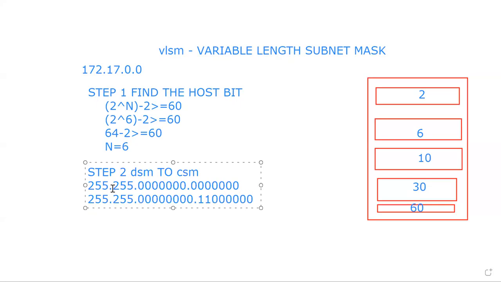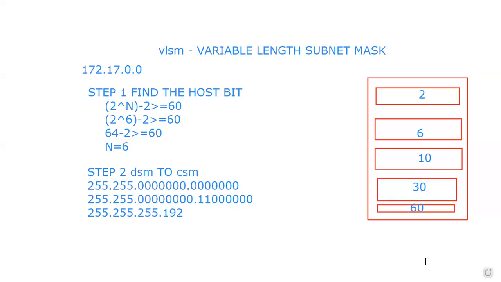Okay. I can write this like 255.255.255.192. Okay.